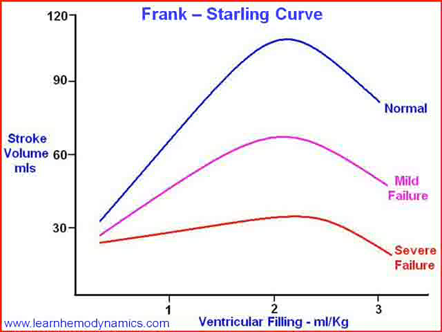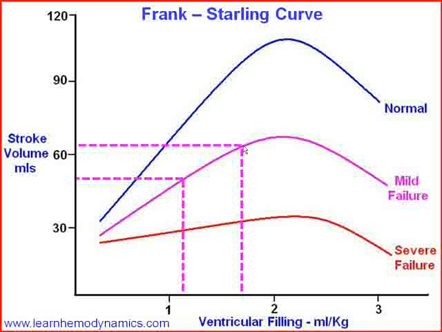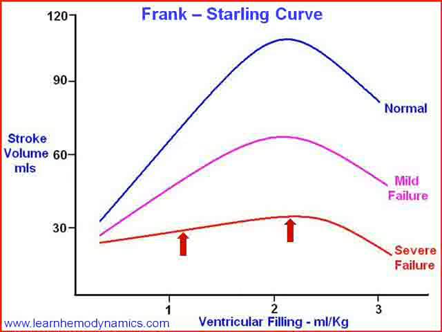So let's go back to our Starling curves. Well, in this patient, yes, we'll have a cardiac output around a stroke volume of 50 mils. We increase the volume, and our stroke volume goes up by about 25 or 30%. Very useful. But what about this patient? If we increase the ventricular filling from here to here, i.e. we double the ventricular filling, then our stroke volume will change only minutely.